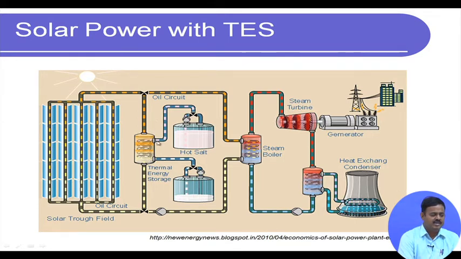In this heat exchanger, what happens is during daytime this salt goes through and is stored in a molten state at a high temperature, clear. And so during the daytime, I am generating some power from the steam turbine, and I am also generating heated molten salt which is stored in this reservoir.